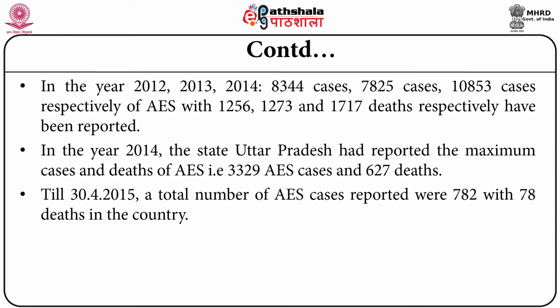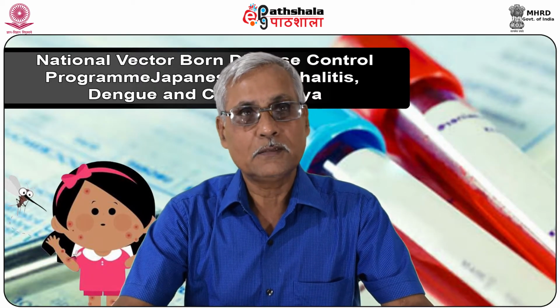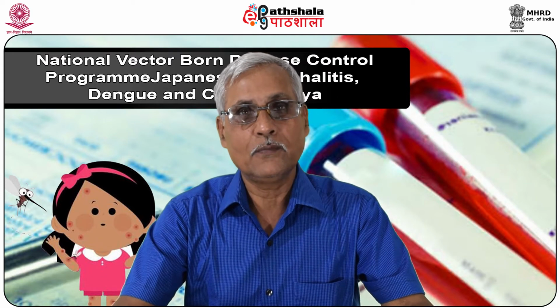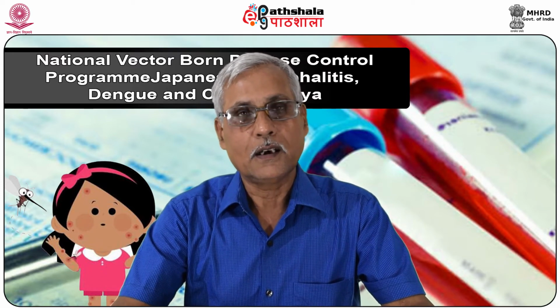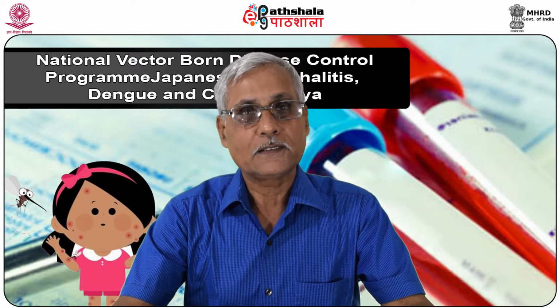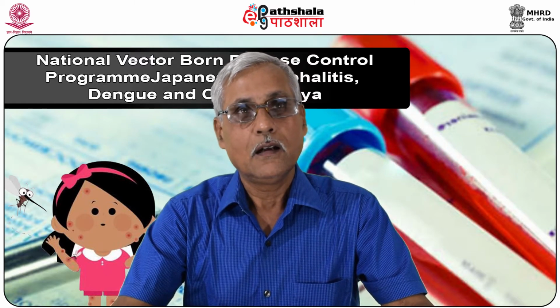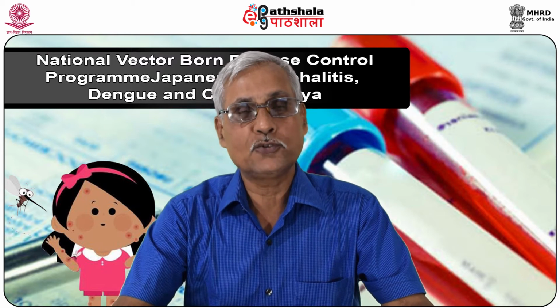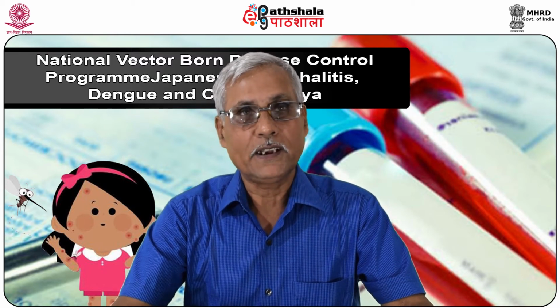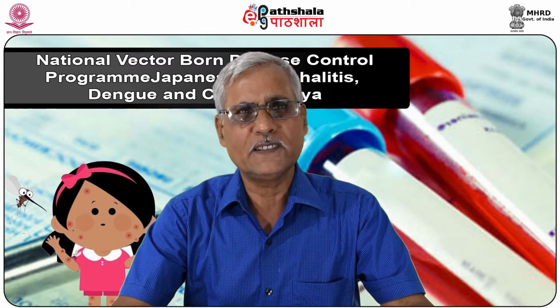These figures show that Japanese encephalitis as well as acute encephalitis syndrome has remained a significant problem in the country for many years. And this disease, which is mainly a zoonotic disease, can be taken care of by many measures.